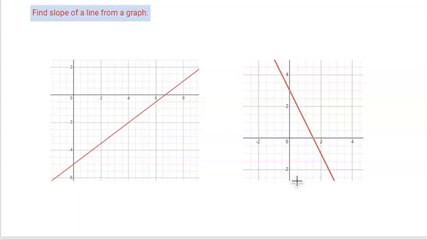Let's start with finding the slope of a line from a graph. If you're given the graph and you need the slope for whatever reason, they're asking you for the slope or they're asking you to write the equation of the line, either way, or you're using it for something else. If you need the slope, you need to find two good points that you can tell what the ordered pair is.